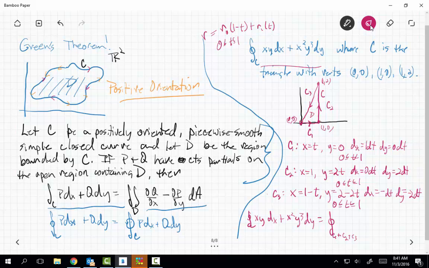Because that's how many chunks in the piecewise smooth curve we have. Excuse me, of xy dx plus x squared y cubed dy. Whoops, I said xy dy. Don't listen to me. You guys know me. I make errors, but I try to catch them as I move past.